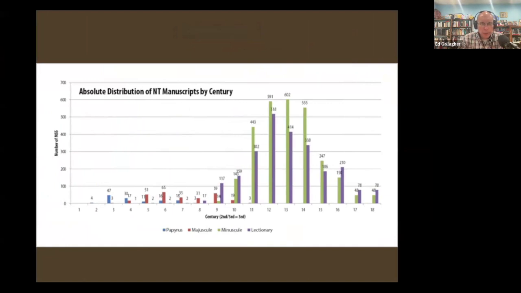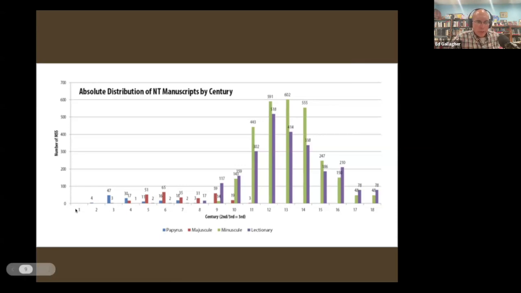I mentioned last time that we've got a total of like 5,300 manuscripts, but they're not all from the same time period. They're from vastly different time periods, and most of them are from about the year 1000 and later. And so this chart illustrates that pretty nicely.